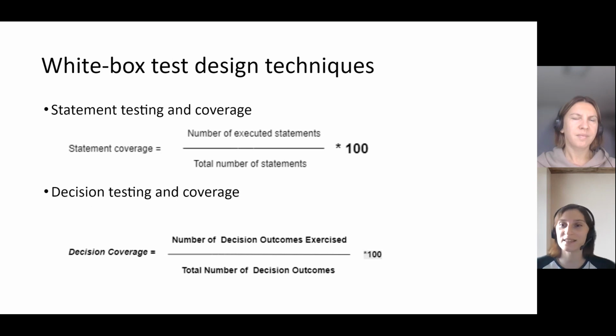And decision testing is about being sure that all possible branches of your code are tested. You can see 100% coverage, and this is possible if we are talking about the code. But once again, this is usually used by developers or automation engineers.